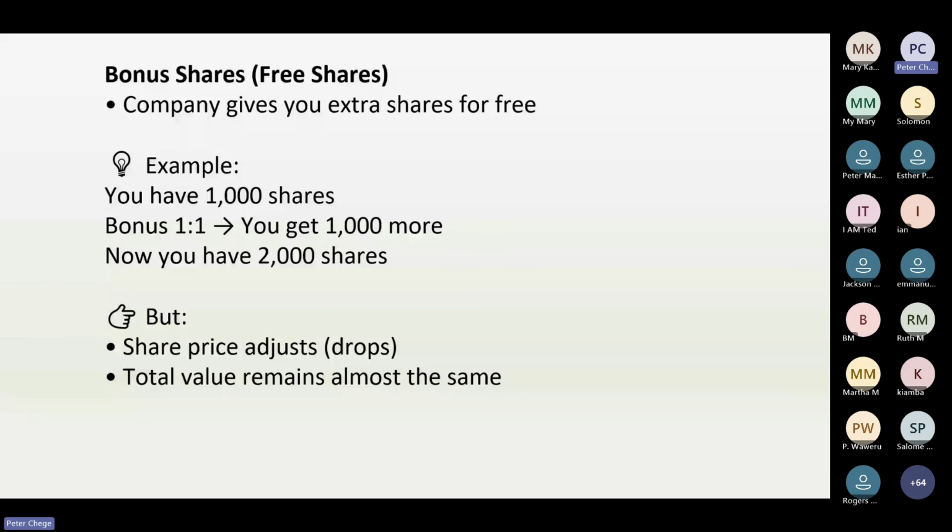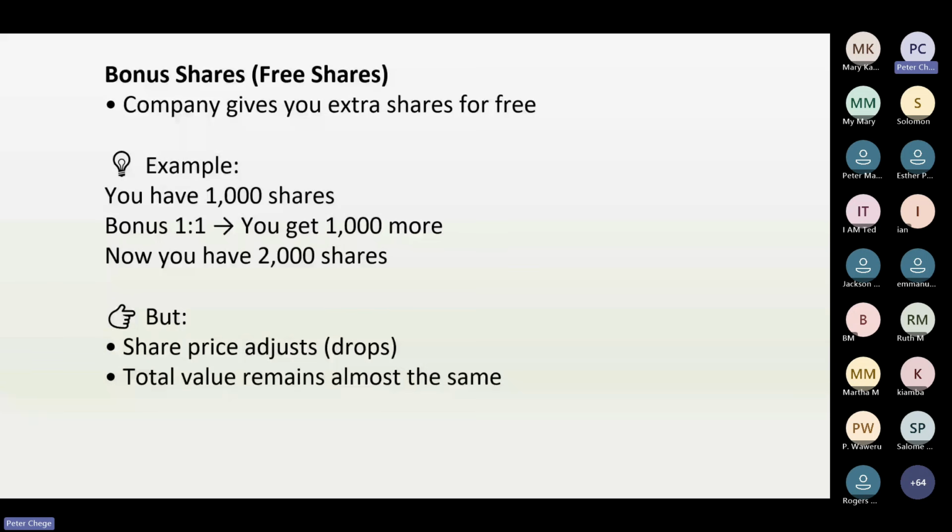But then you find in most cases, because the people who are buying shares after the bonus closes, the bonus date, are not entitled to the bonus, the price will adjust downward. Like what happened with Williamson Tea.